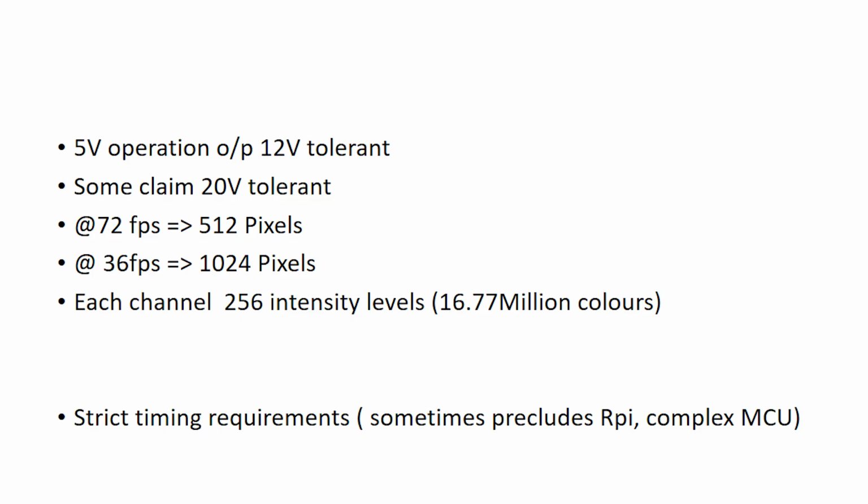You're not going to see it flickering at 36 FPS. Certainly I don't. But at that point you can drive 1,000 of the NeoPixels. And each channel you can have 255 levels of red, 255 levels of green, 255 levels of blue. That all adds up to 16.7 million different colours that you can have.